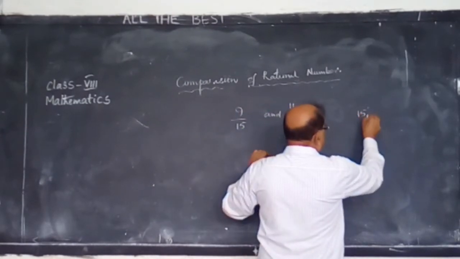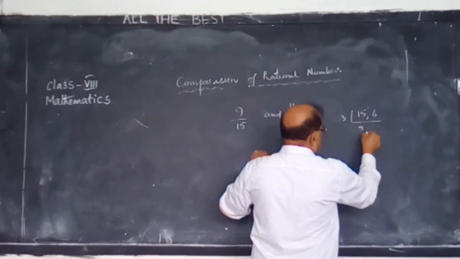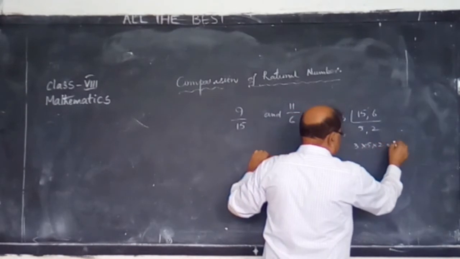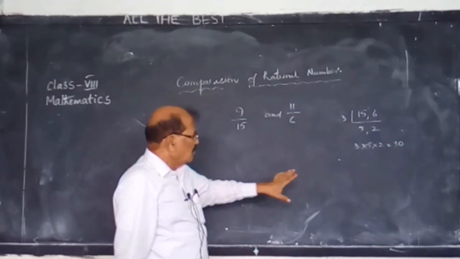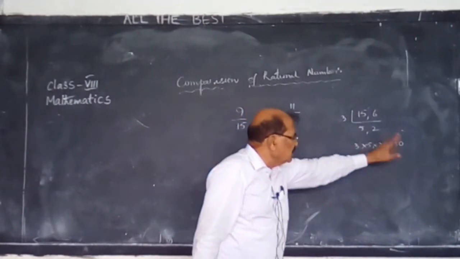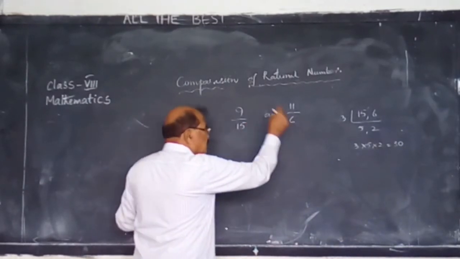Take 15 and 6, take the LCM. So 3 5s are, 3 2s are, 3 into 5 into 2. This is 30. So it is the most feasible, the least common multiple is 30. So make 15 into 30 and make 6 also 30.